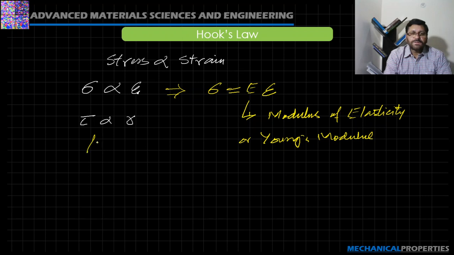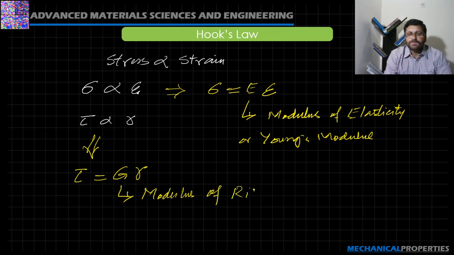And for the shear stresses, we have tau is equal to G gamma. Here G is the modulus of rigidity.